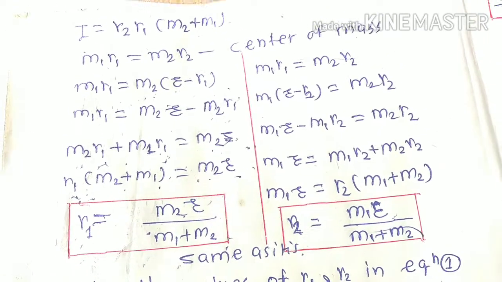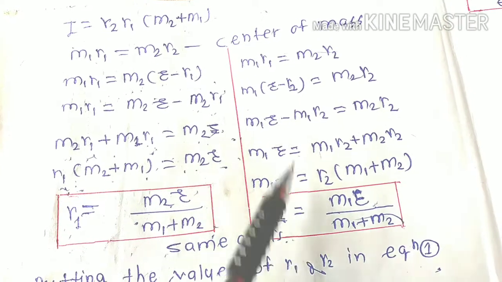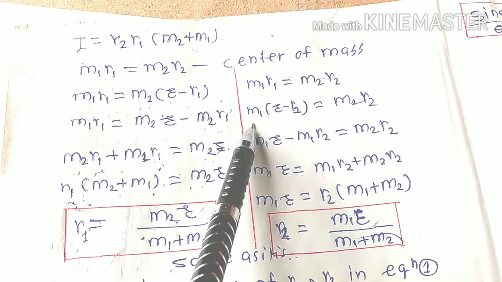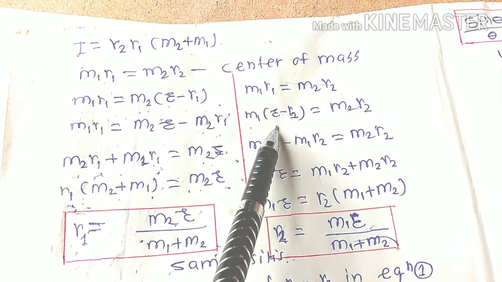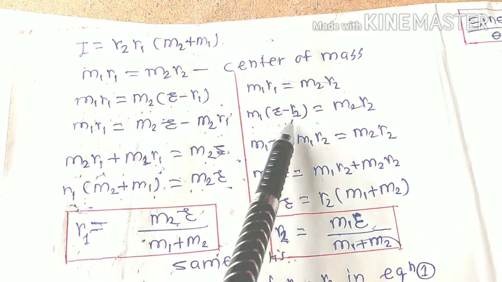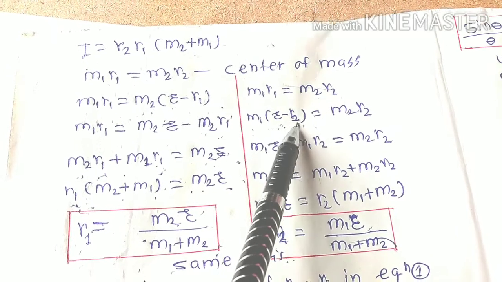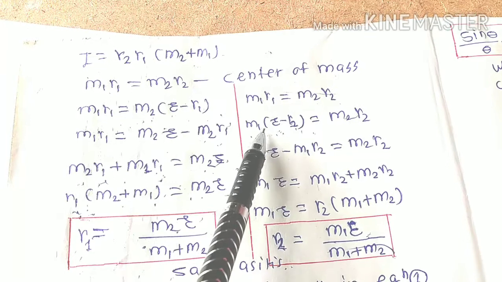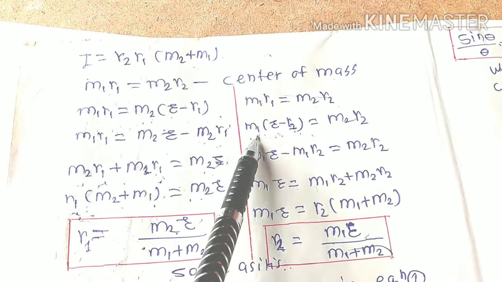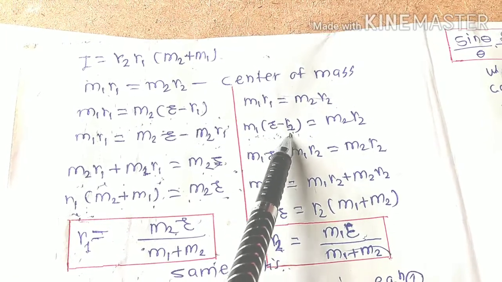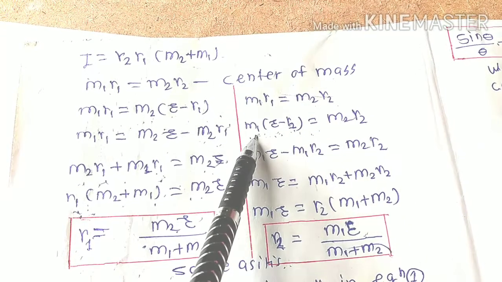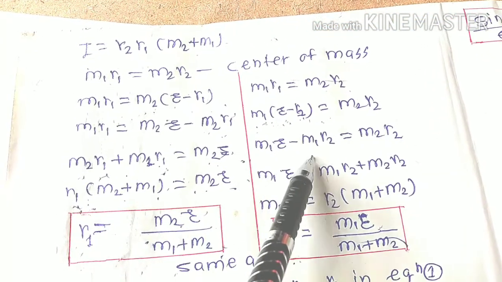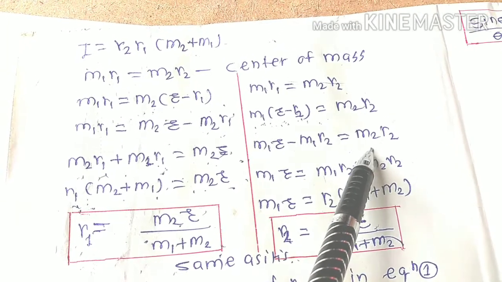Similarly, we get the value of r2. Here m1 r1 equals m2 r2, the center of mass condition. The distance of m1 from the central axis is r minus r2. So m1 into r minus r2 equals m2 r2, so m1 r minus m1 r2 equals m2 r2.